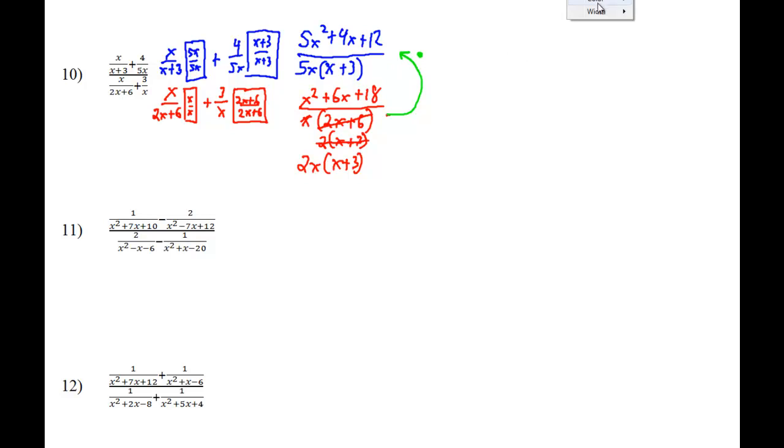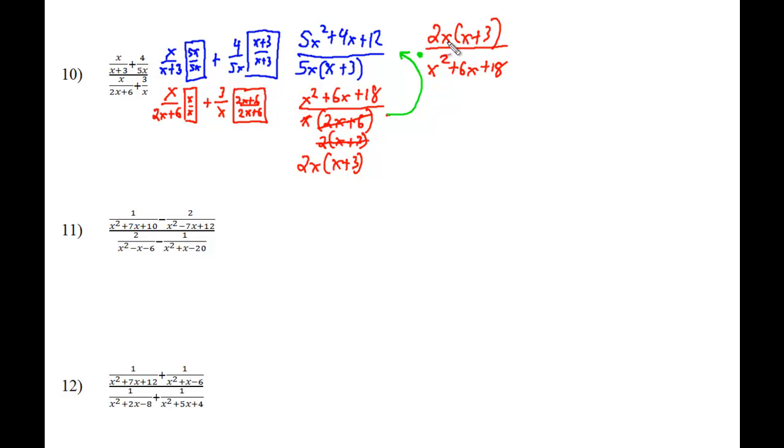And let me change back to red here. Okay, so when we move this to the top here, we're going to have to flip it because instead of dividing fractions, we're going to skip, flip, and multiply. So this becomes x squared plus 6x plus 18 in my denominator. And my numerator is going to be this 2x times x plus 3.